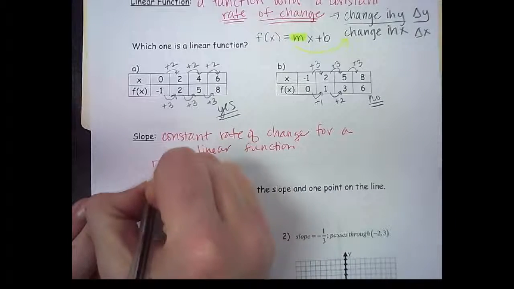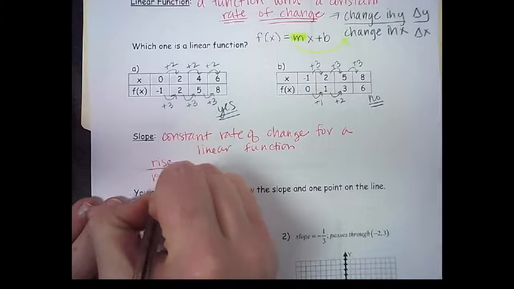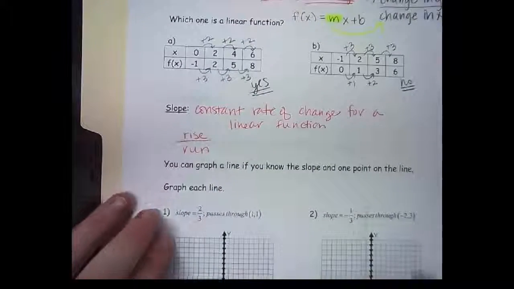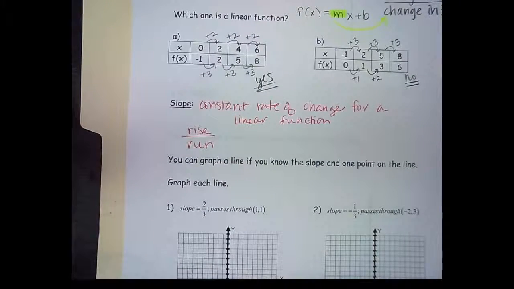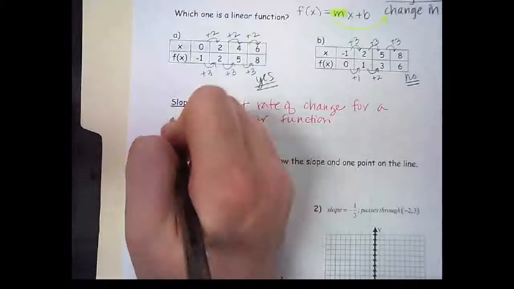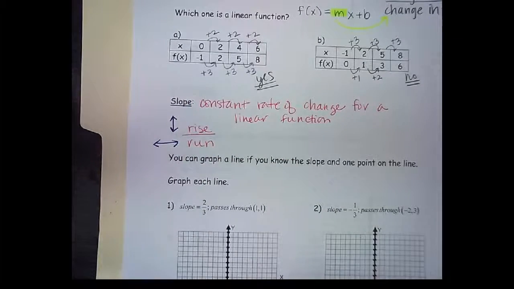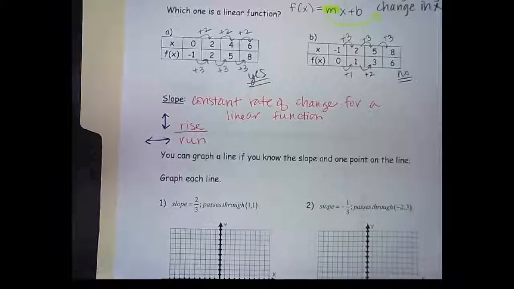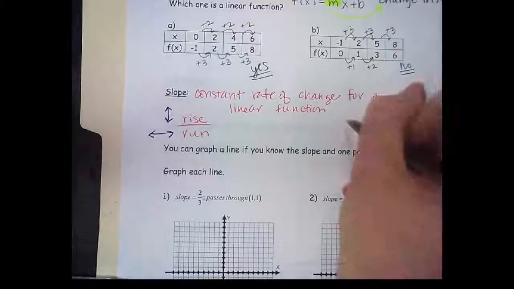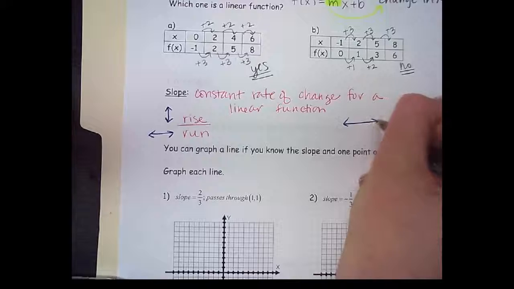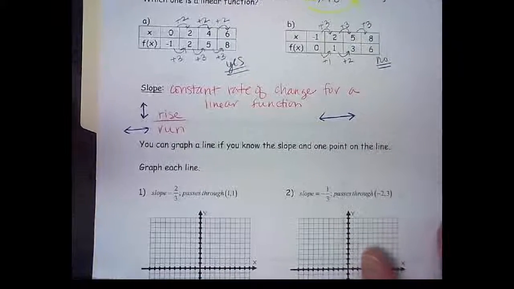Okay, so we already know, hopefully, slope is rise over run. That's usually the first thing you learn about slope. Rise meaning up and down, run meaning left and right. If I give you a horizontal line like this, what is the slope of that line?